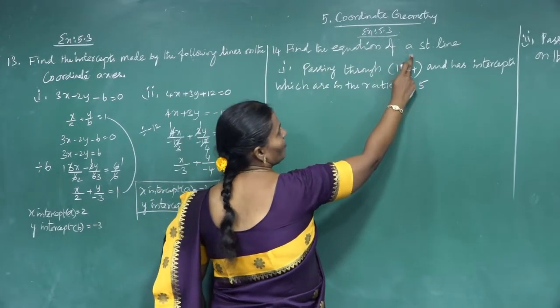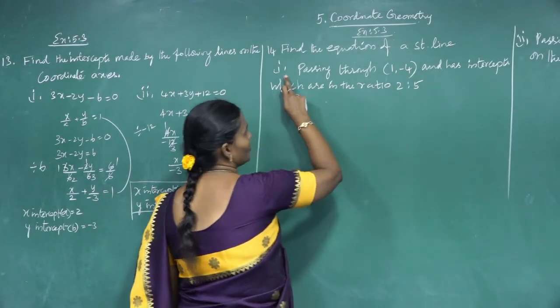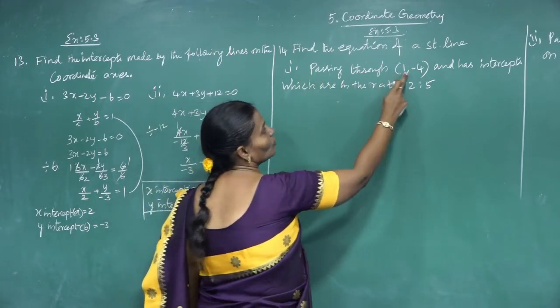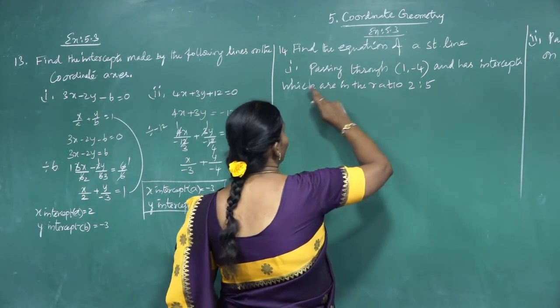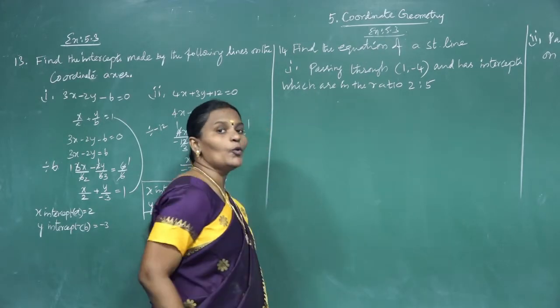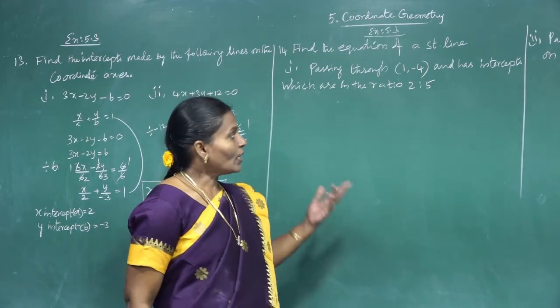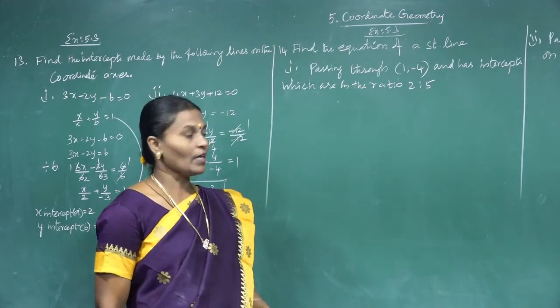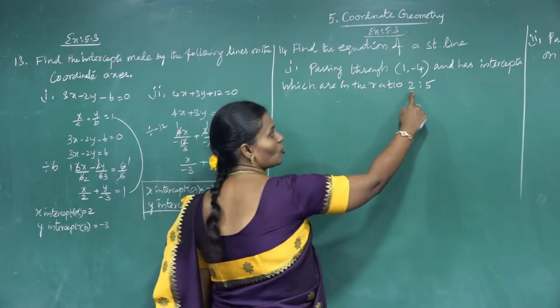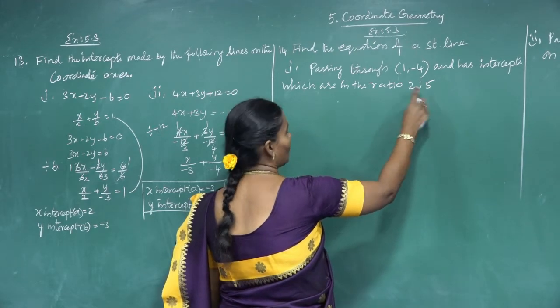Find the equation of a straight line. The first one is passing through (1, minus 4) and has intercepts which are in the ratio 2:5. What is the x-intercept and y-intercept? That is given in the ratio 2:5.